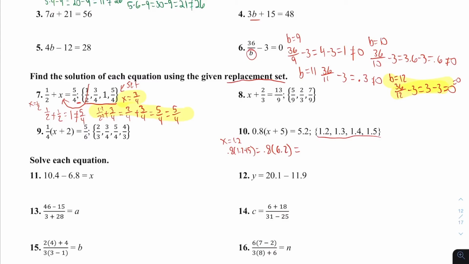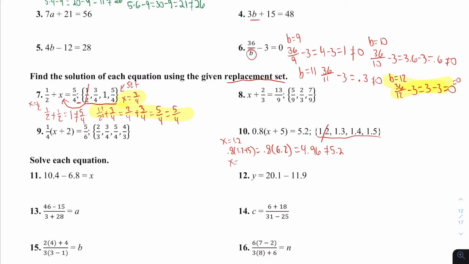And let me go grab my calculator. For this little stuff like this, yes, you can use a calculator. 0.8 times 6.2 is 4.96. And this is not equal to 5.2, so that's not the one we're looking for.